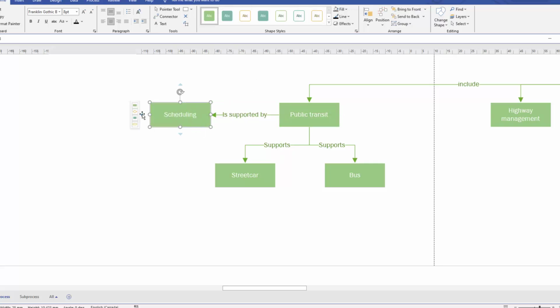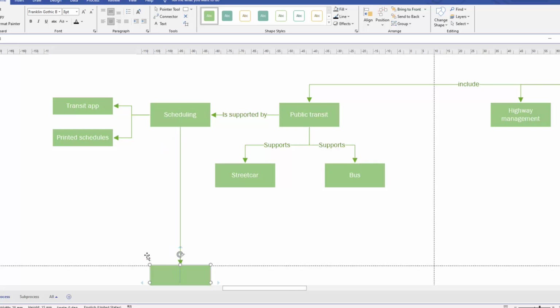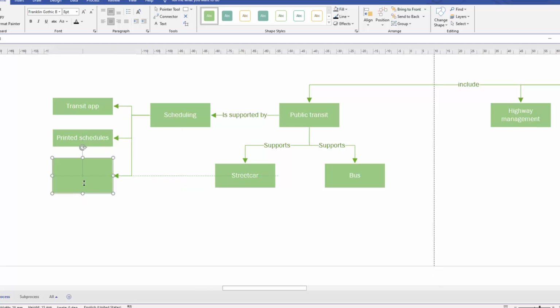And the scheduling would result in multiple outcomes, such as a transit app for users, such as printed schedules, and perhaps we want to highlight that this information needs to be provided to various platforms such as Google Maps, so that the information can be displayed on a Google Map interface.